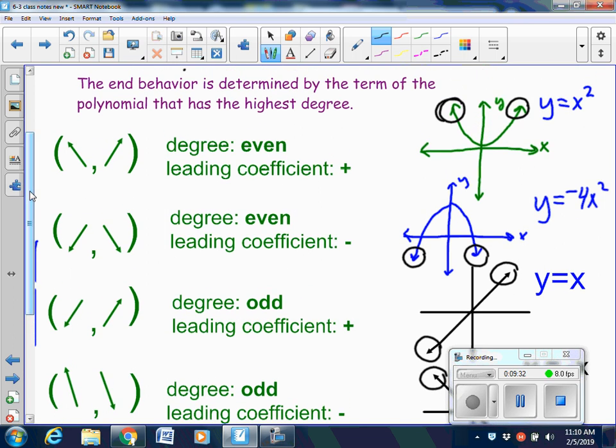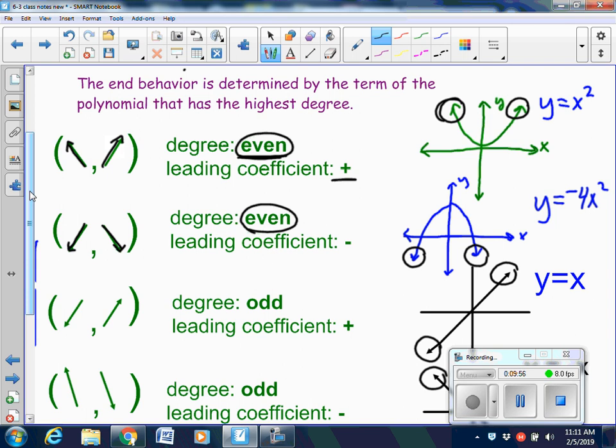It depends on the degree and the leading coefficient, just like we did on the first part. If the highest degree is an even number, as you can see these are both even, then it's going to start up and end up, or start down and end down. That's if the highest degree is an even number.